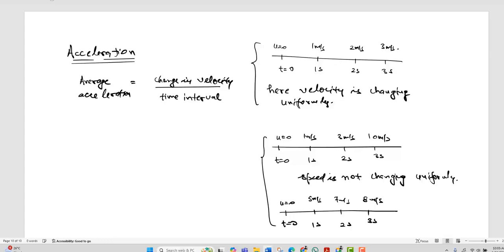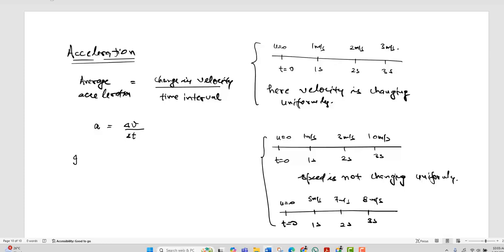So we are denoting this average acceleration as a, and that is equal to the ratio of change in velocity by corresponding time interval. Just like we have described the average velocity, that was the displacement or change in position by time interval. So again we are defining the average acceleration over an interval of time, right?